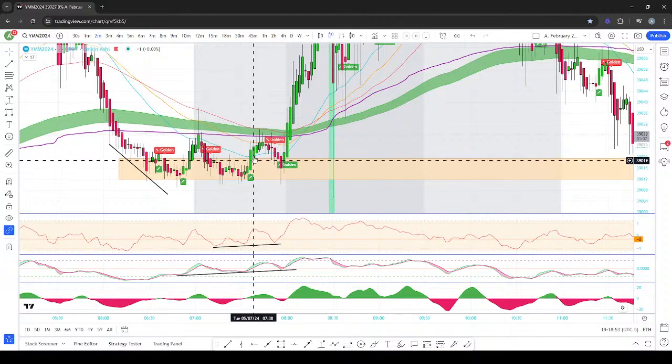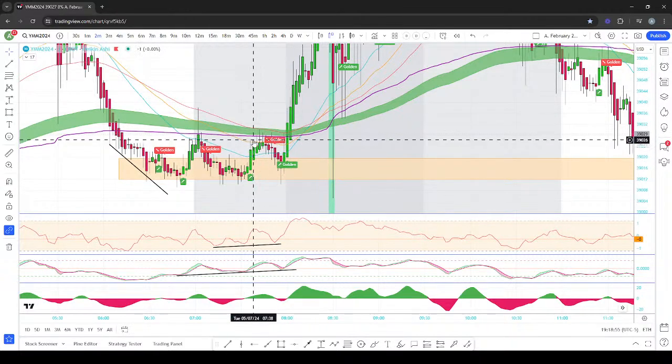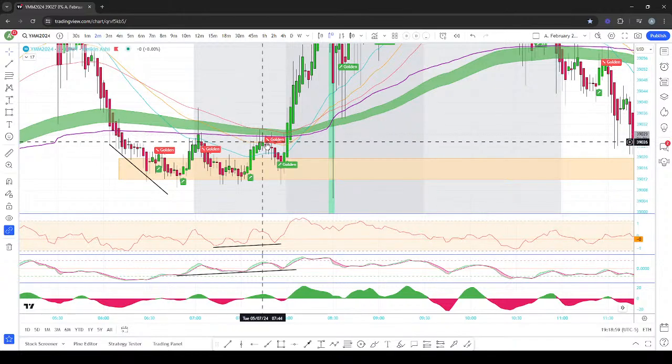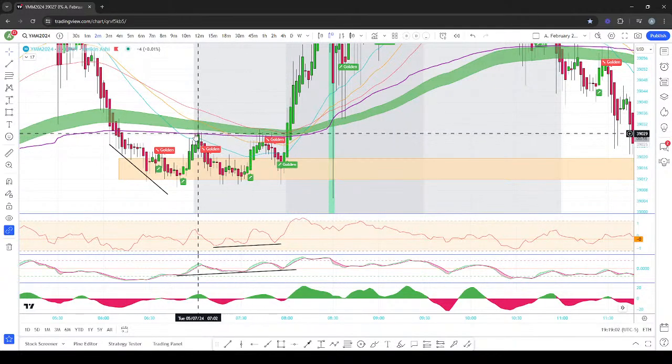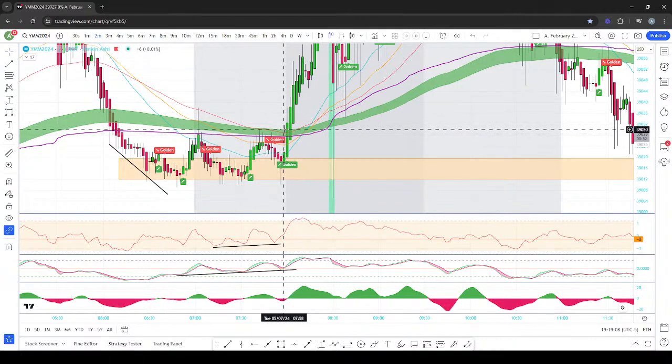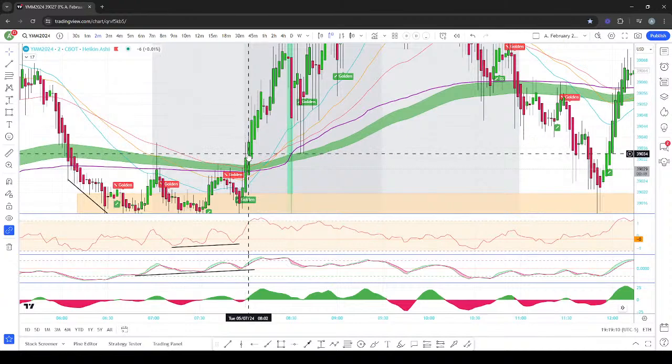You have nice market structure, and just for added confirmation, you can also get into the trade once price breaks through this higher point right in here, and you can move up for some good points.